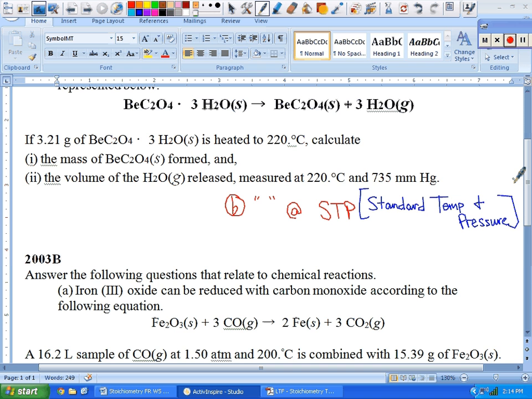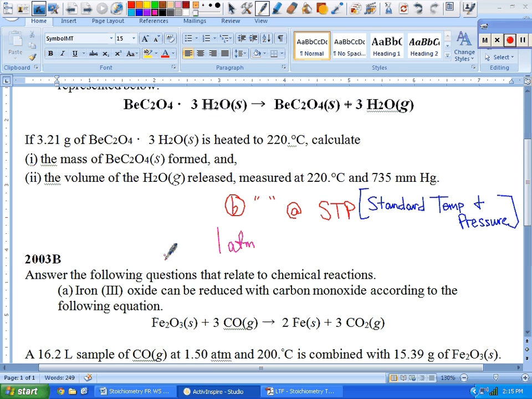What are the standards of temperature and pressure? Anybody remember? That's part of it. Very good. 1 atm and 0 degrees Celsius, or what is that in Kelvin?